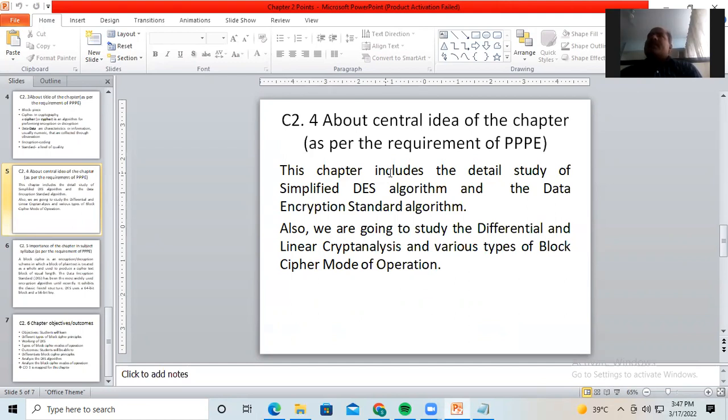There are a total of 5 block cipher modes of operation, and we will see how they work with the help of diagrams.